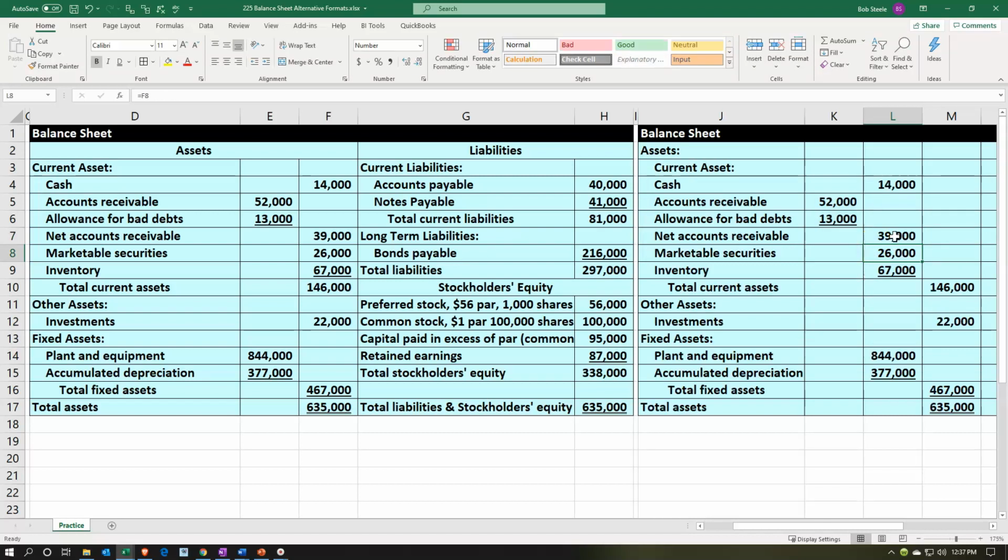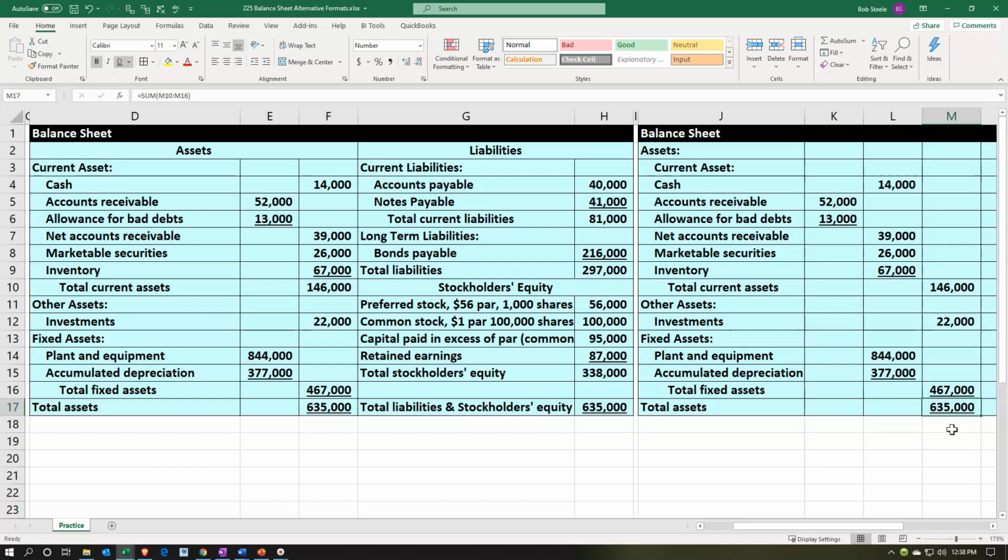Note that this should be a subtraction problem, the 552,000 minus the 13, so it should be equal to this number minus the 13. So there's an error there. We will pick up the error later, so it'll be wrong here until we get to the bottom line, and then I'll see that it's off, and we'll pick up the error like typically will happen oftentimes when there's a data input error.